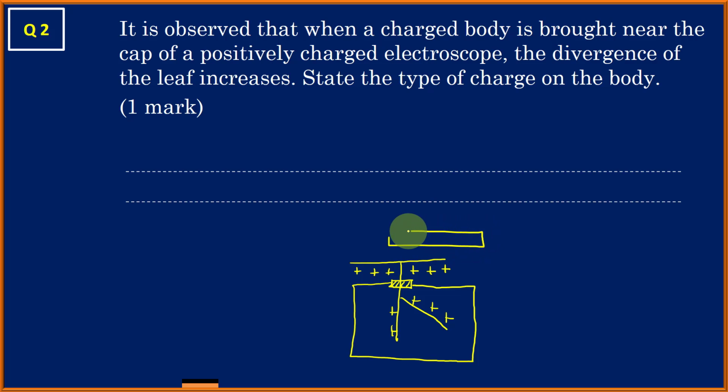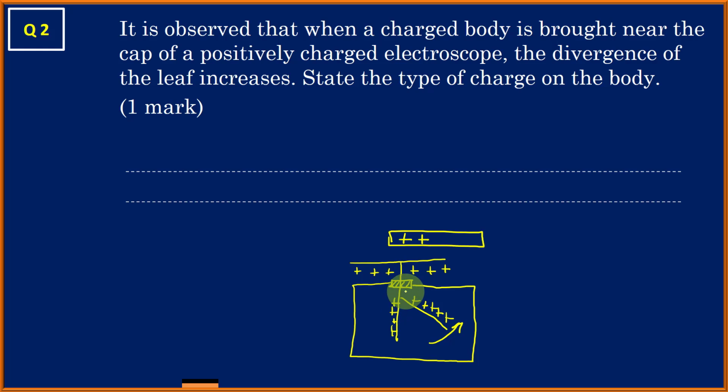Now in this question, we are told that a charged body is brought near the cap of a positively charged electroscope. We do not know the charge on this body, but we observe that the divergence is going to increase. When that happens, it means that the magnitude of the positive charge is increasing at the leaf and this rod here.